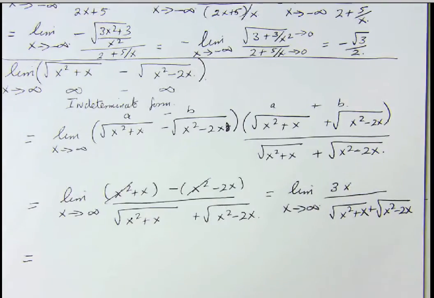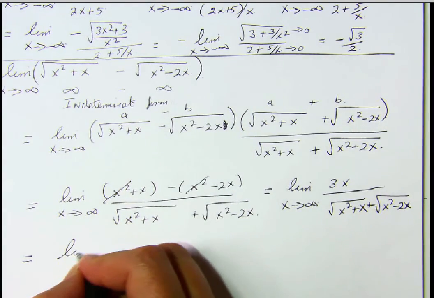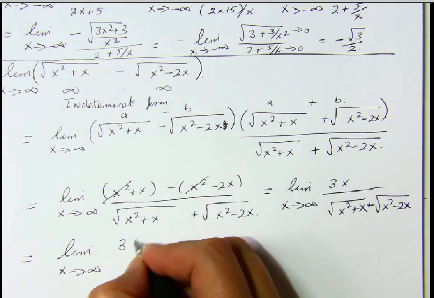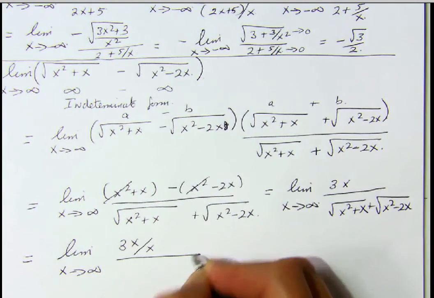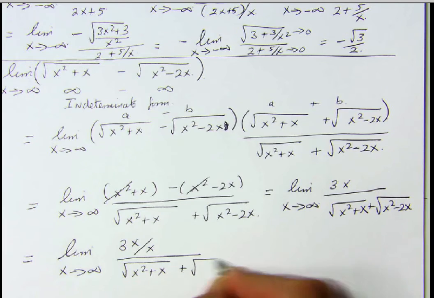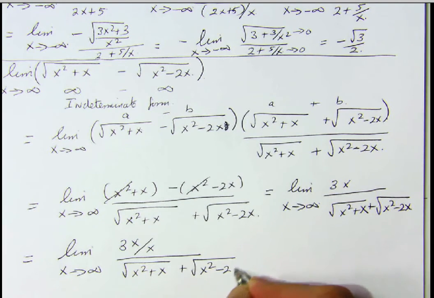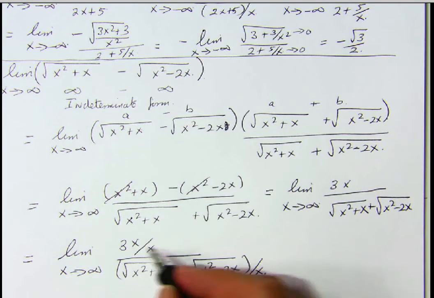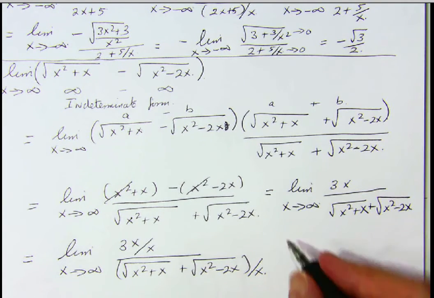So this is equal to the limit as x goes to infinity of 3x over x, over the square root of x squared plus x, plus the square root of x squared minus 2x, all over x. And again, I'd like to bring this x under the square root sign, because the x is positive, x is the square root of x squared. And of course I can cancel the x's here.